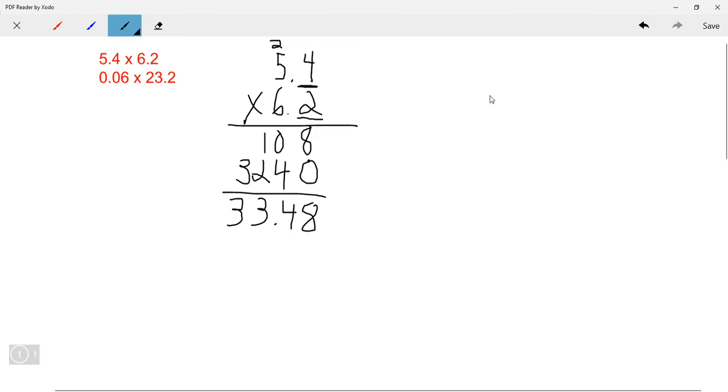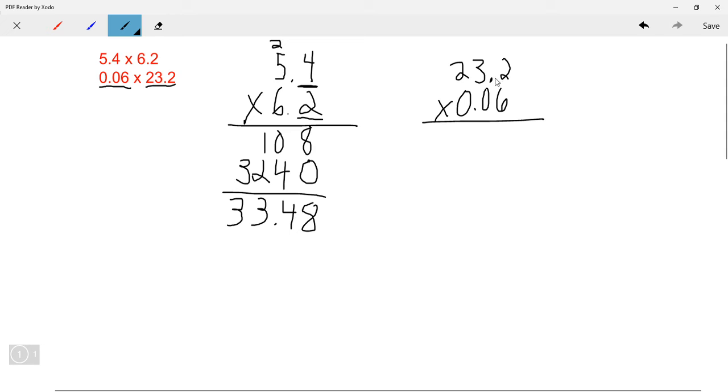So let's just do this one. 23 and 2/10 times 6/100. What I'm basically going to do, I can put these decimals here just for completeness, but really all I'm doing is multiplying 6 times 232 as the first thing.